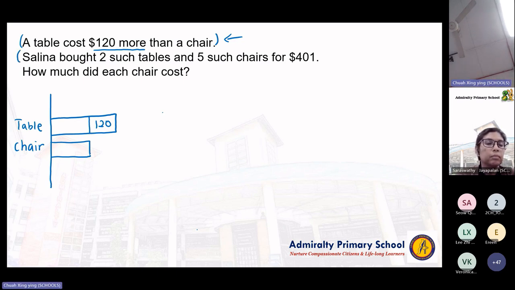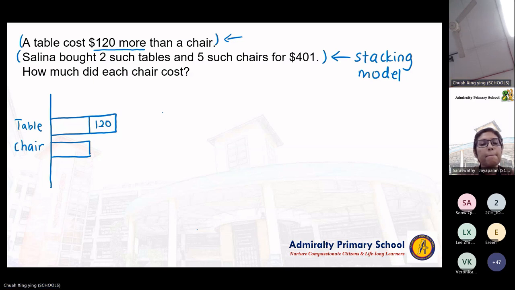And the second sentence says Selina bought 2 such tables and 5 such chairs for $401. All right, some of you may teach your children to continue drawing the model to the right. In this case, we would suggest the stacking method, which is the stacking model.